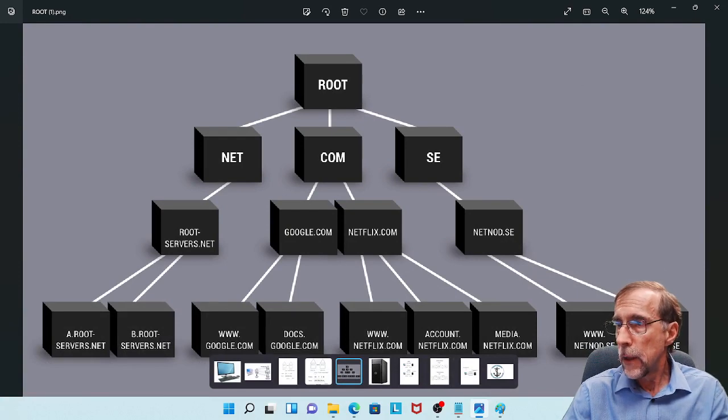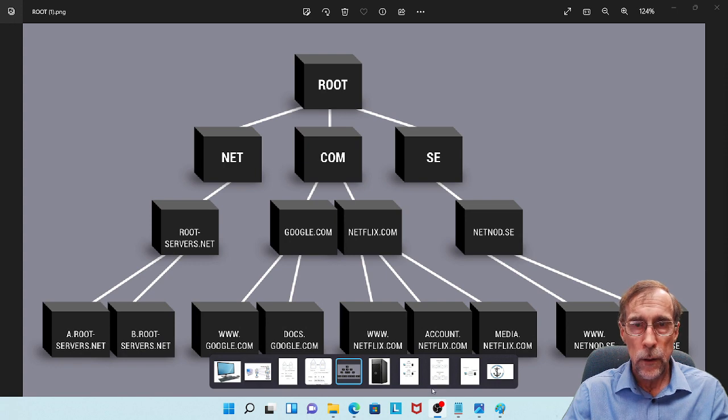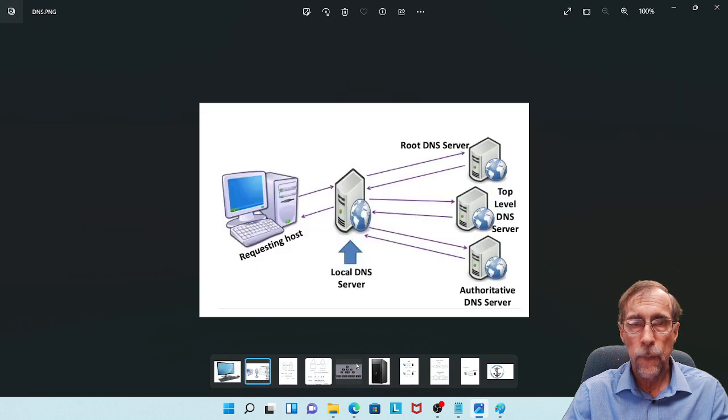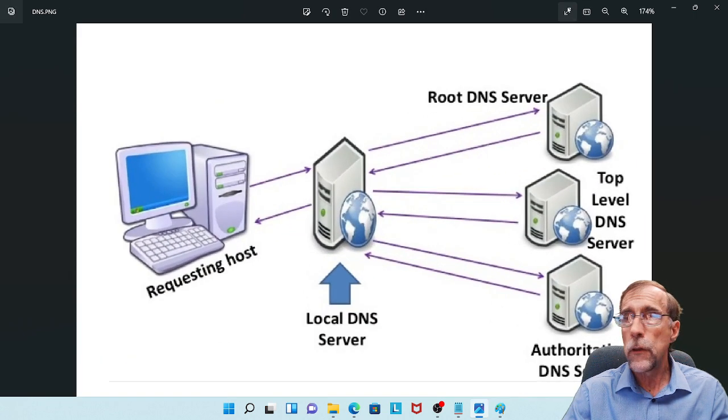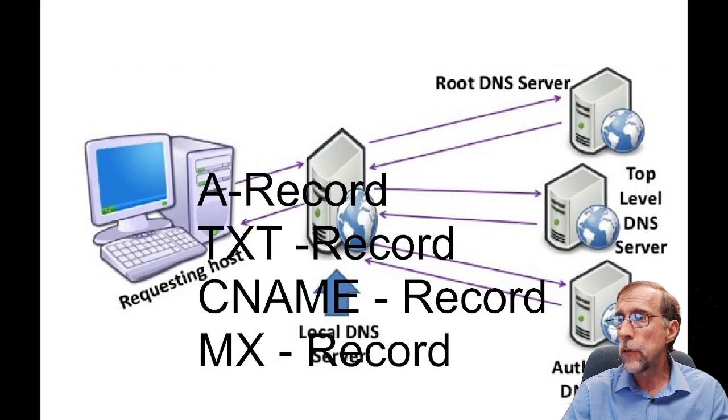So, what type of entries? I'm just going to get another picture on here so we can see the letters. If you update your DNS, there's an A record, there's a text record, there's a CNAME record, and an MX record.